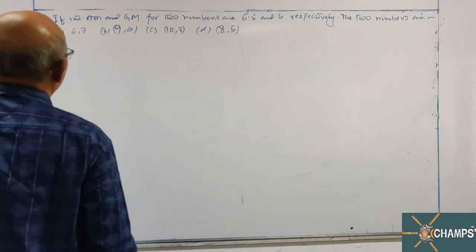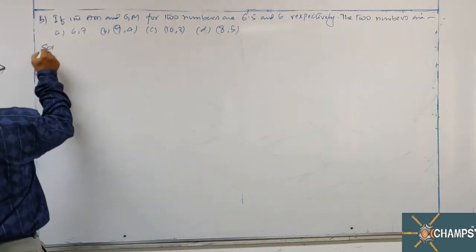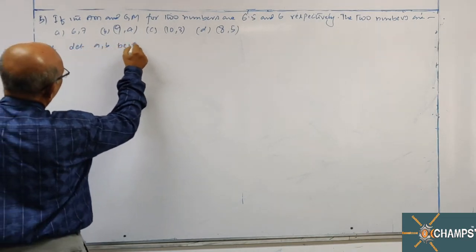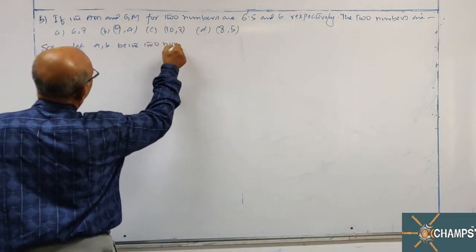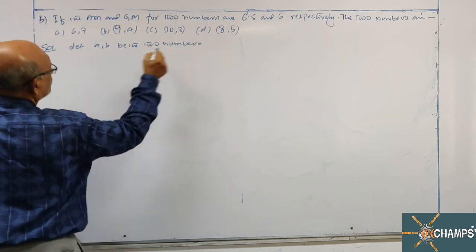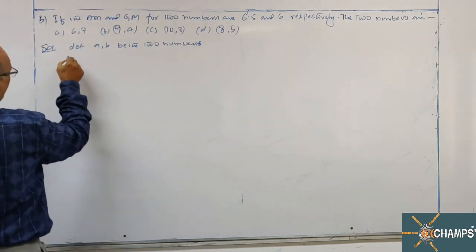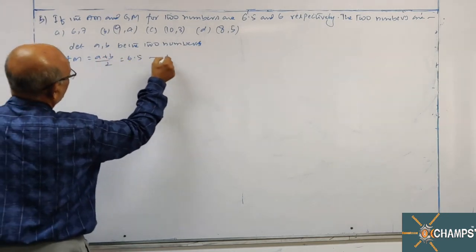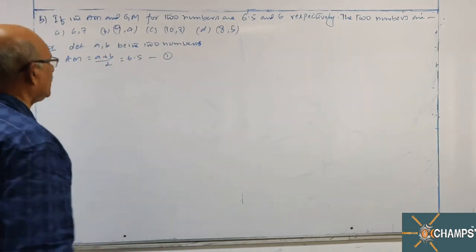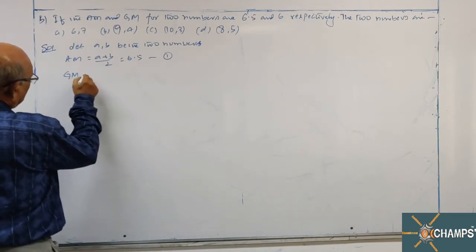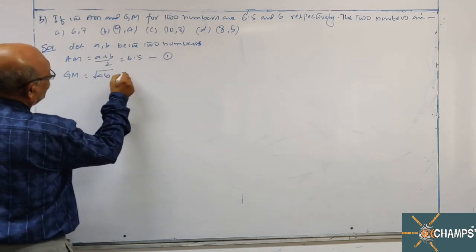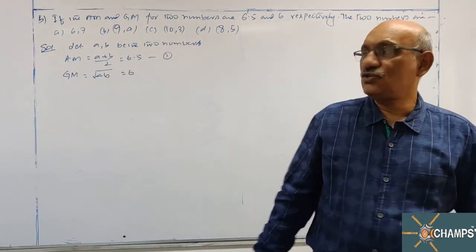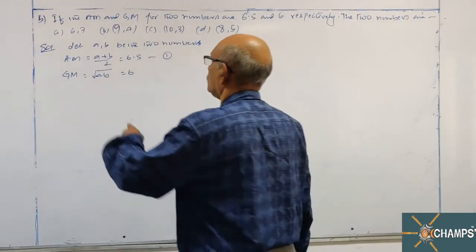See the solutions, sir. Let a, b be the two numbers. Arithmetic mean is equal to (a plus b) by 2, this is 6.5 given in the question. Geometric mean is equal to root ab, this is 6. So verify which option will satisfy this.